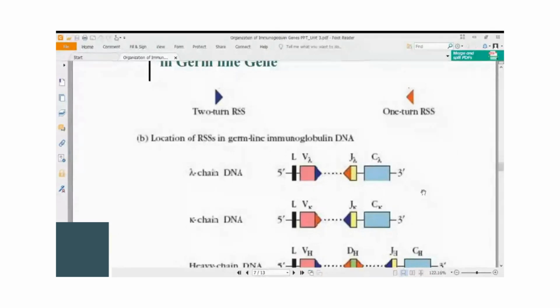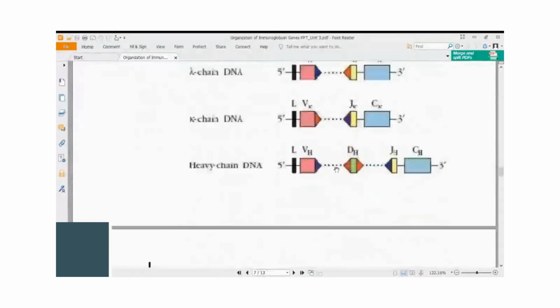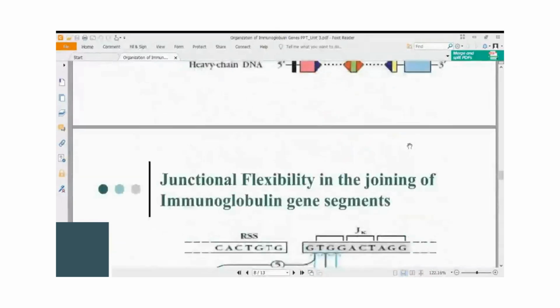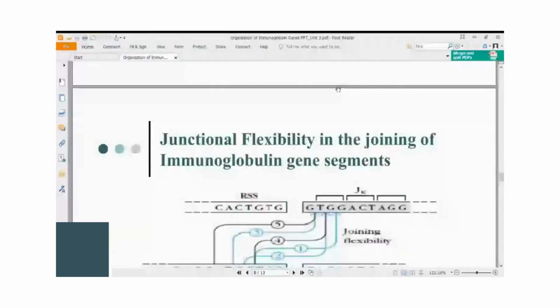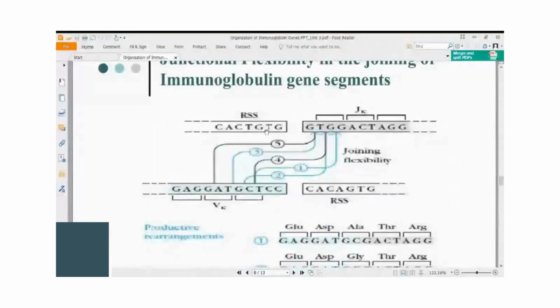To maintain that order, these signal sequences are there. Now let us see how when the recombination takes place, sometimes it will turn out to be productive and sometimes non-productive. Let us follow this sequence very carefully.